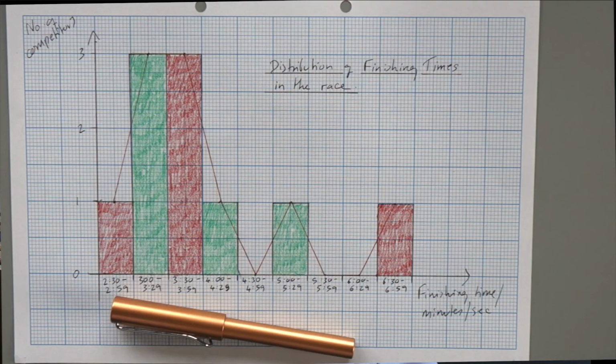Also, if there's empty values, like no one fell into some of those categories that I drew on my histogram, that means that you draw a bar of 0 height. It's not that there's a gap between the bars, there are bars in there which have 0 height. And if my categories are of equal intervals, then the bars should be equal widths as well.